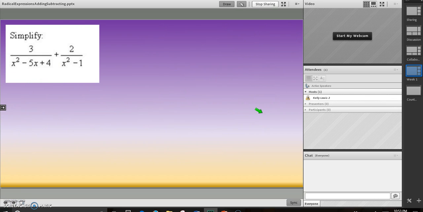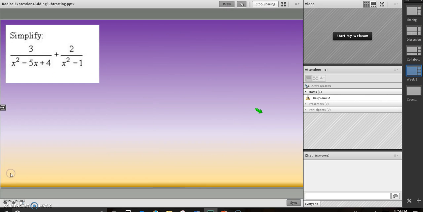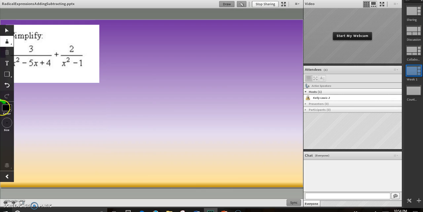All right, so let's factor the top and the bottom of these guys. X squared minus 4, multiplies to give me 4, adds to give me negative 5, going to be negative 1, negative 4. Negative 1 times negative 4 is positive 4. Negative 1 plus negative 4 is negative 5.